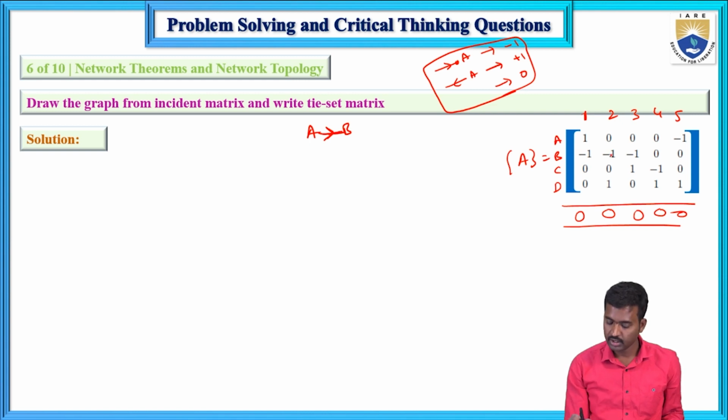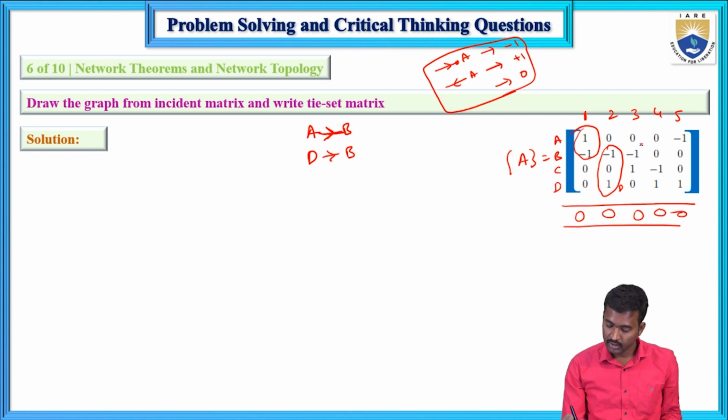Now here, from A to B is in this direction, and next D to B, D to B. From D it is leaving, meaning plus 1.